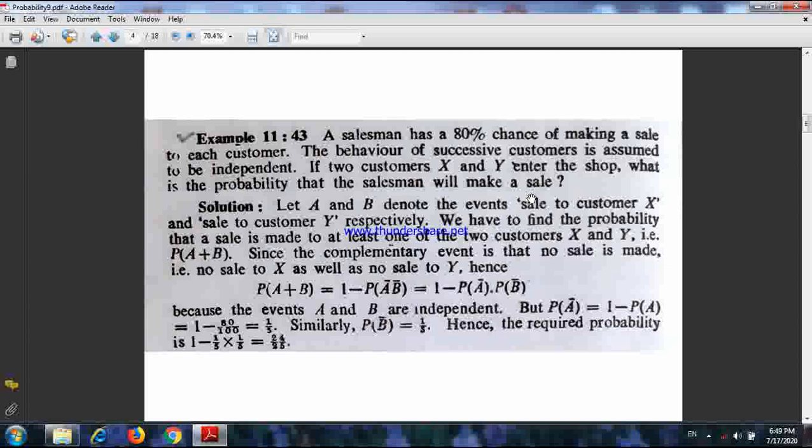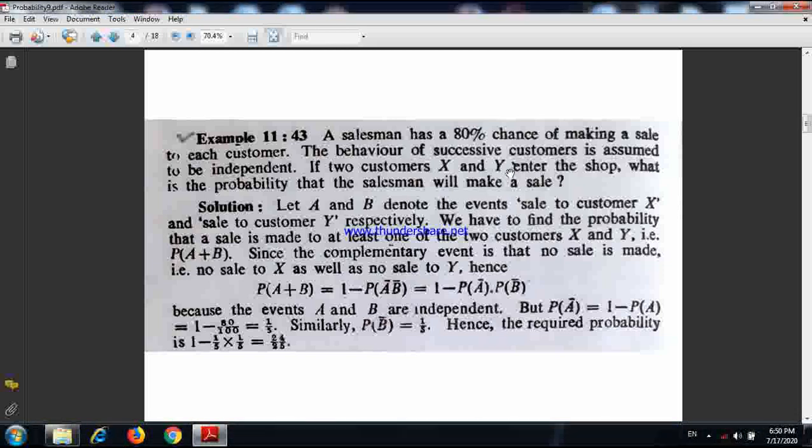If he sells to X, or if he sells to Y, or if he sells to both X and Y. So sales to X and Y are not mutually exclusive, because the salesman can sell to both customers X and Y, but they are independent, it's given.